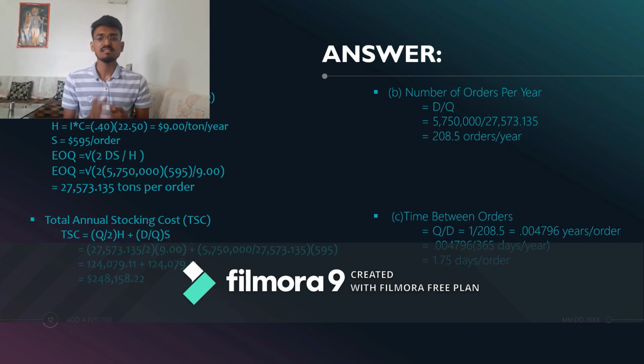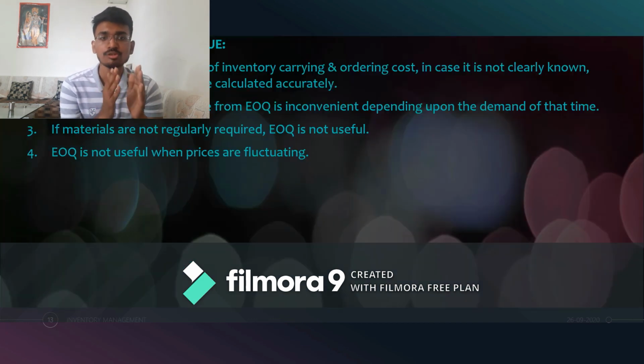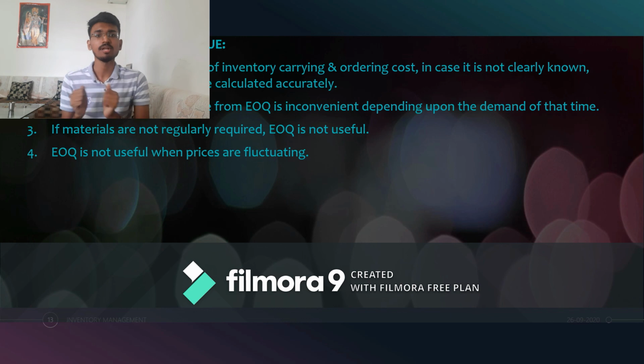So next is the last portion of our topic, limitations of the EOQ technique. So what are the limitations of the EOQ technique? EOQ requires identification of inventory carrying and ordering cost. Okay, we will not know the exact value of ordering and carrying cost every time we need the inventory.